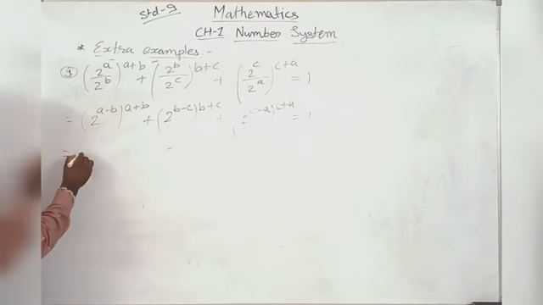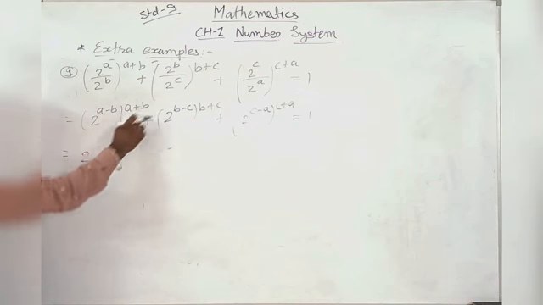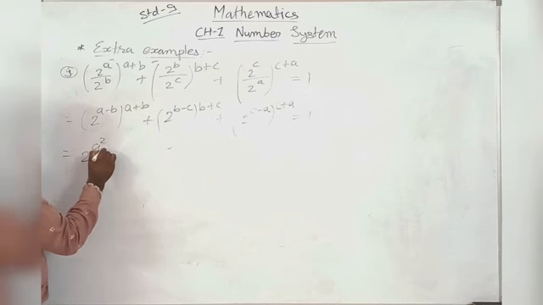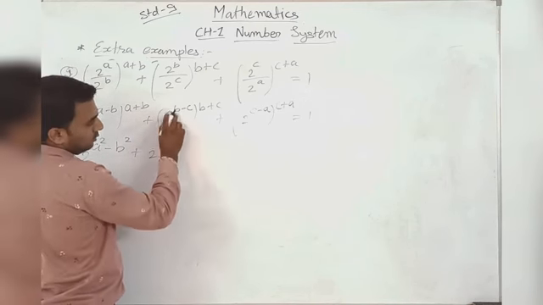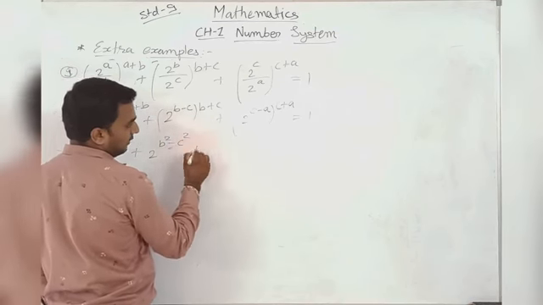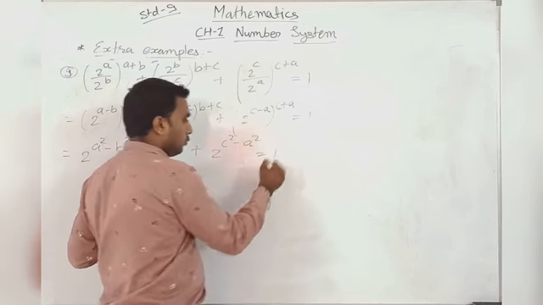So now we know that we have to multiply a minus b, a plus b. This is a minus b, a plus b. The answer will be a square minus b square, plus here 2 raised to what, b square minus c square, plus 2 raised to c square minus a square is equal to 1.